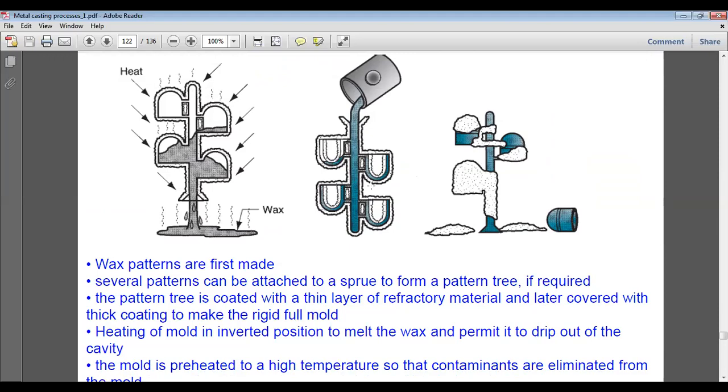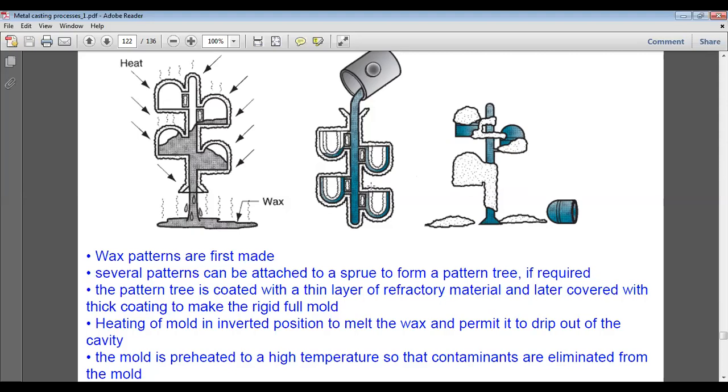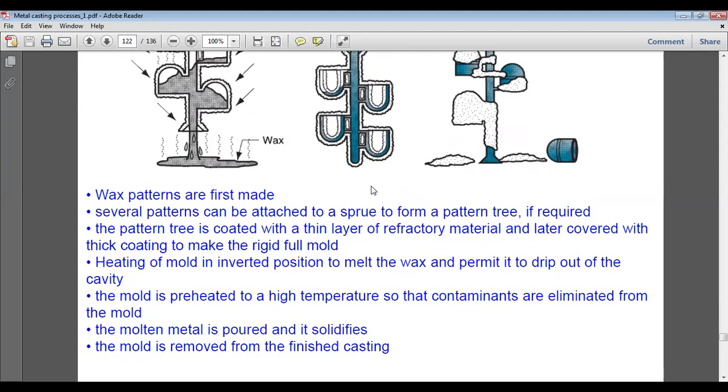Number two, the wax gives very good surface finish, very accurate. So accurate components can be cast with high surface finish. These are the advantages of the wax pattern or lost pattern process.